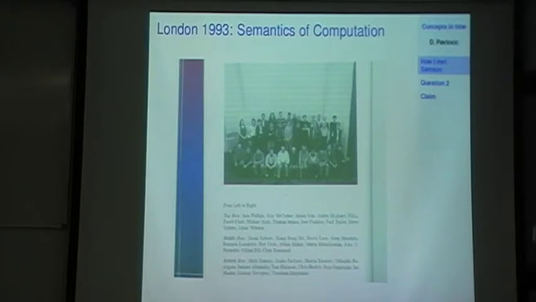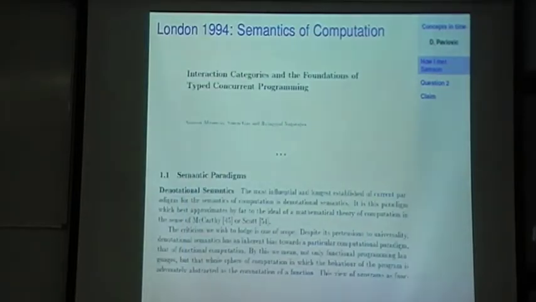And at that time, of course with 40 people, there was a lot of work in all kinds of directions, but Samson was interested in interaction categories, and that was something that I thought I had a chance to understand.